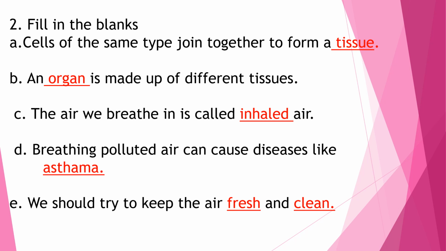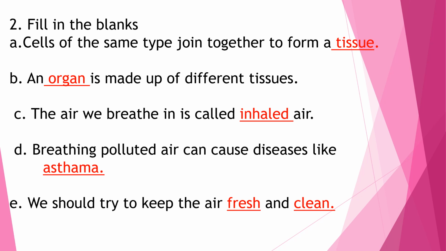Second part is fill in the blanks. Children, here a few sentences are given with blanks and you need to read the sentence and fill in the blanks with the correct word. Okay, so the first sentence given to you is, cells of the same type join together to form a dash. Children, here it is asked that we need to name the thing which is formed when cells of the same type join together.